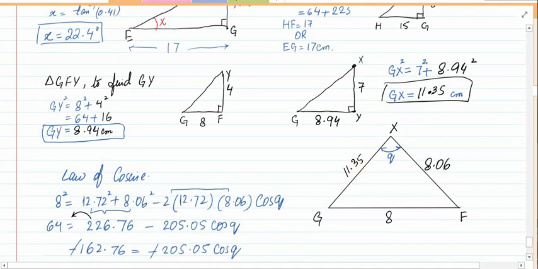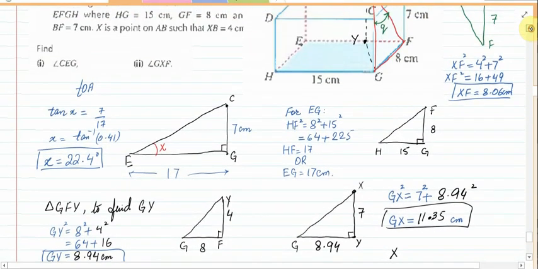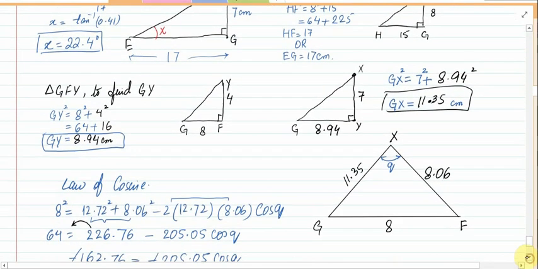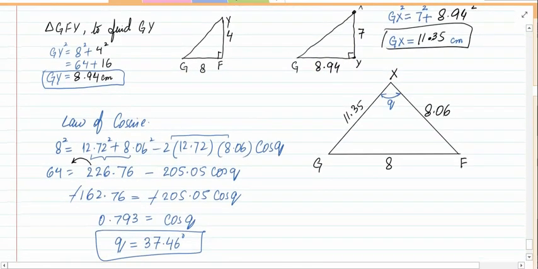Right? Now let me check the value of FX again. For FX, it's FB and BX, 4 and 7. Yes, I think that it's right. 8.06. So now I think that all of my values are correct. GY, GX. Okay. Now the law of cosine.